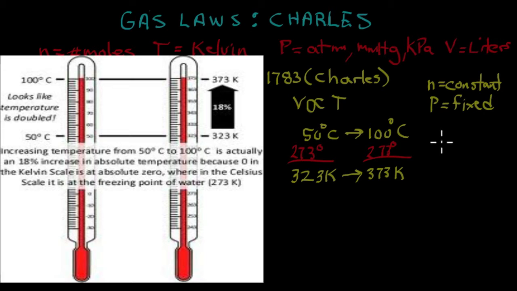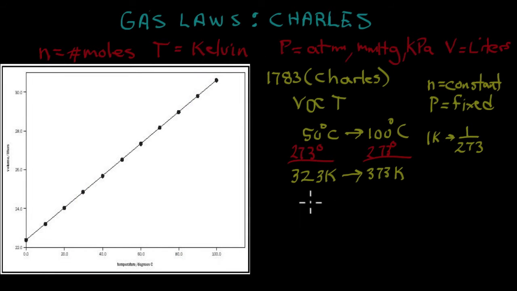This led later on to the Kelvin scale: for every 1 Kelvin degree increase, the volume goes up 1/273rd. So if you go up 273 Kelvin degrees, start at 100 and go up to 373, the volume will double. Since you have a linear relationship, as in the graph on the right, as volume goes up, temperature goes up.